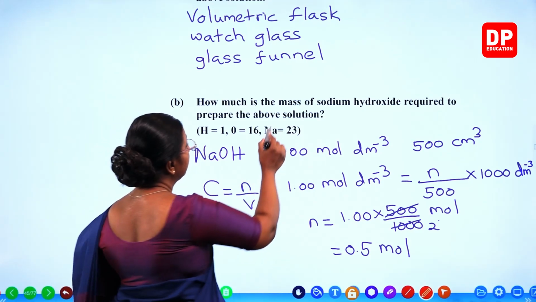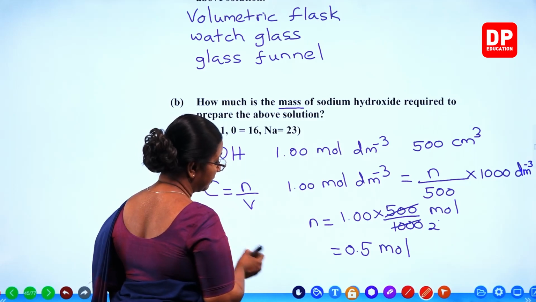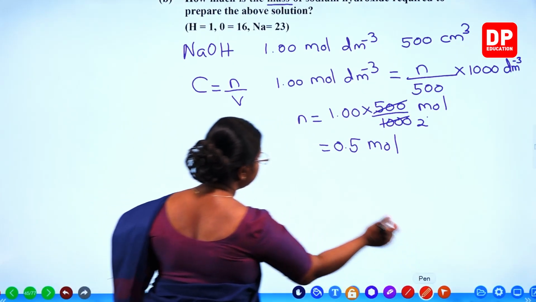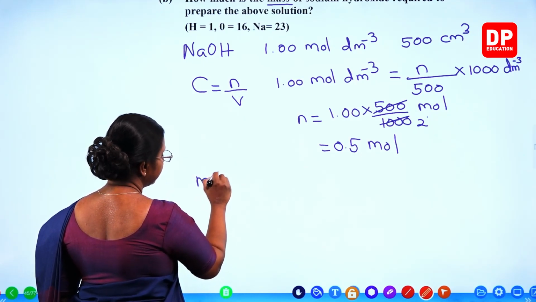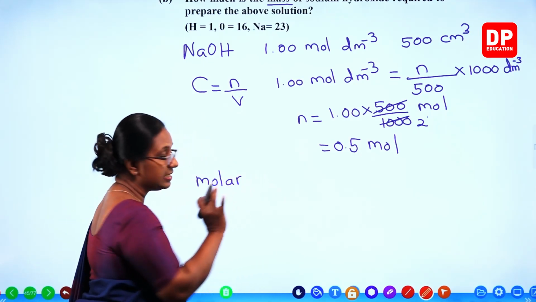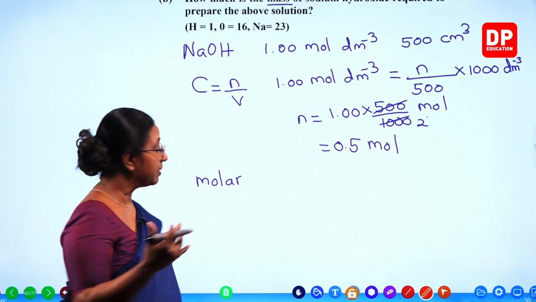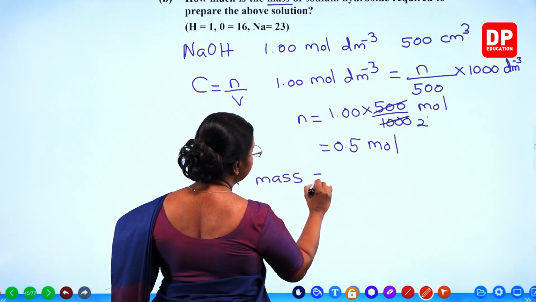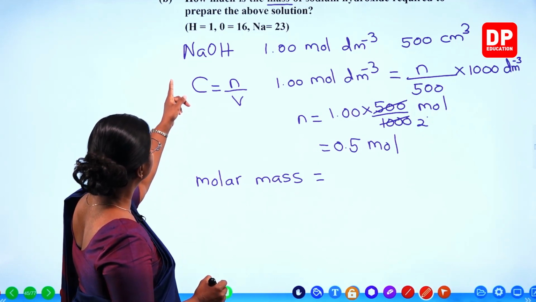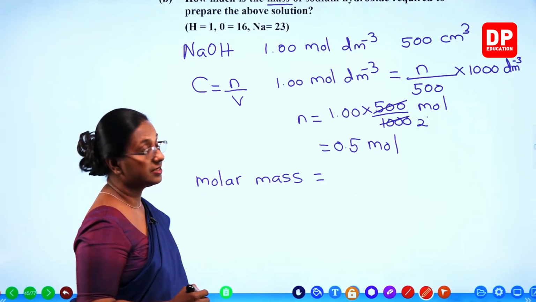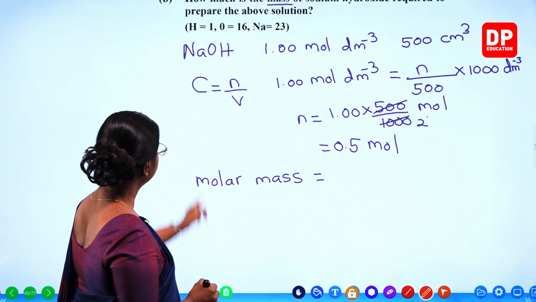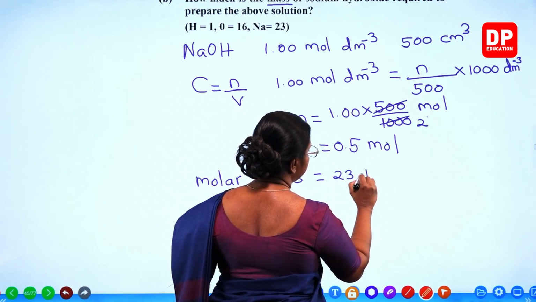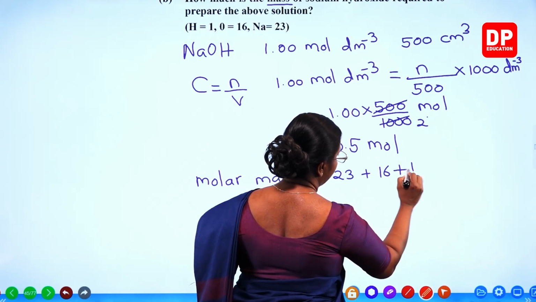But here you need to find the mass of sodium hydroxide. To find that, what do you need? You need the molar mass. Here students, I am writing everything in detail so you can remember molar mass. How do you calculate? You add the relative atomic masses. They are given to you. Hydrogen 1, oxygen 16, sodium 23. So NaOH is 23 plus 16 plus 1.